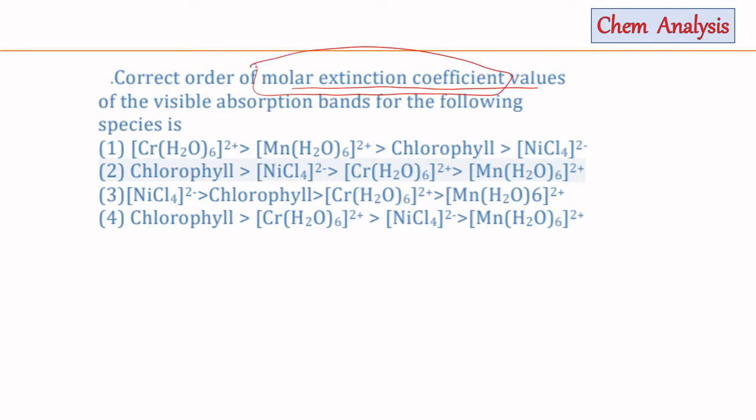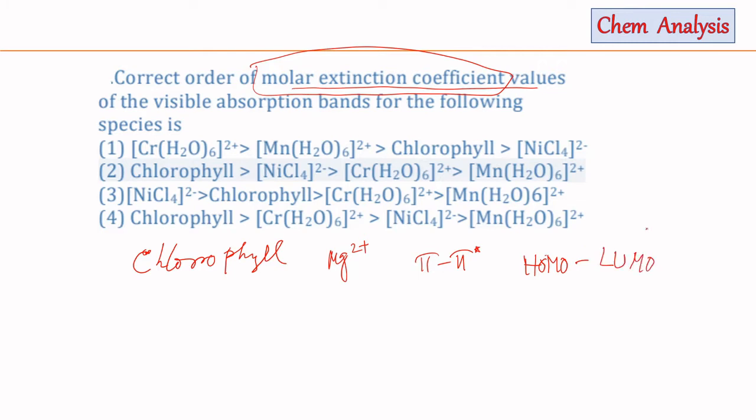Now, among the given complexes, chlorophyll is an organometallic complex where a metal center, that is magnesium 2+, is present at the cavity of a macrocyclic ligand, that is the porphyrin ring, and the color of chlorophyll generally arises due to a pi to pi star electronic transition in the ligand, that is the electronic transition from the HOMO of the porphyrin ring to its LUMO.